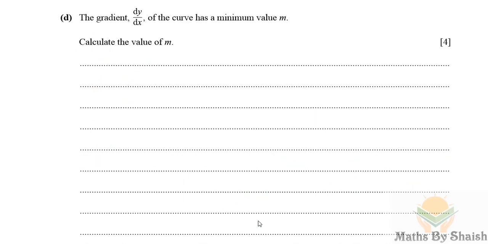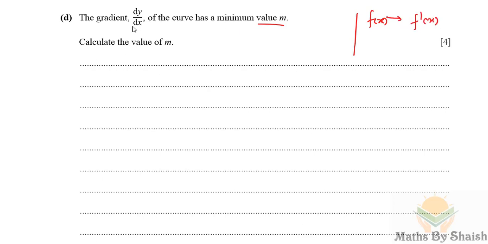And here's the last part of this question. The gradient dy over dx of the curve has minimum value m. Calculate the value of m. This question is of the type where we need to find the minimum value of f(x) at some point, so we find the derivative of f(x).